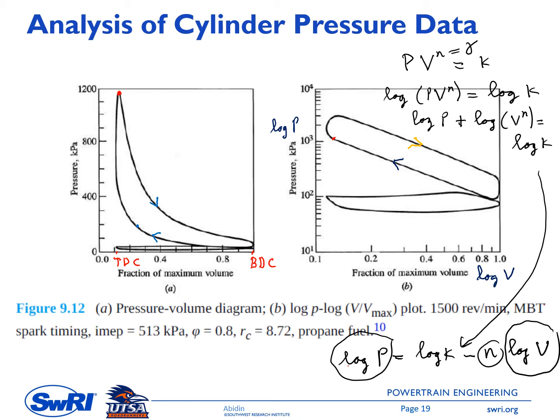This is very important, especially when we want to check whether the compression and expansion strokes are plausible or not, by checking whether the line is straight or shows a bending feature.